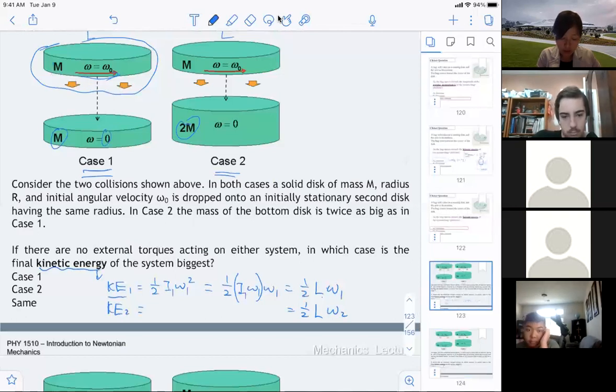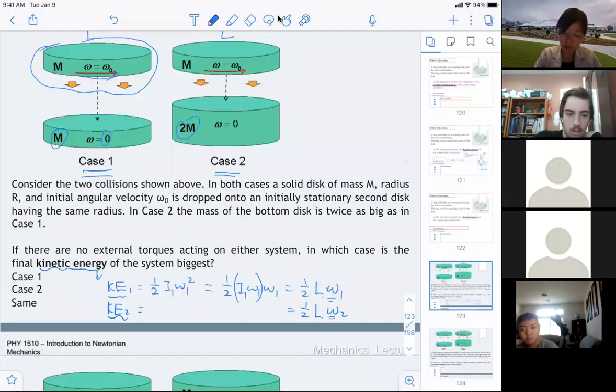So the question becomes, comparing the kinetic energy has become comparing the omega between these two after you drop it. Which means after you drop it in case 1 and after you drop it in case 2, which one moves faster? Which one overall rotates faster?